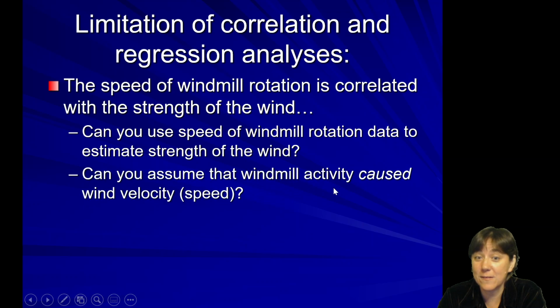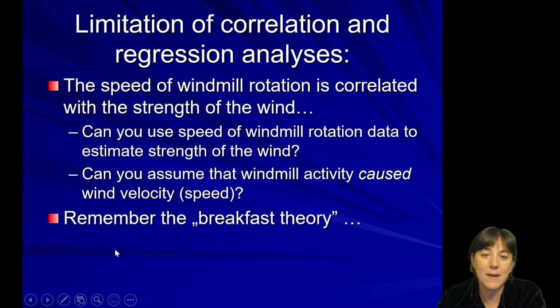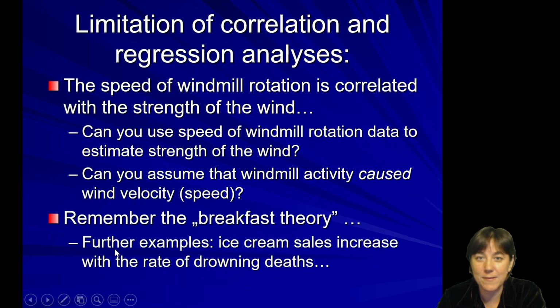Yes, you can assume, you can have a prediction here, but you cannot assume that the windmill activity is the one that actually caused this speed. Okay, so even though you can make perfect predictions, you cannot assume a causation. That's the bottom line. Okay, remember this breakfast theory. Further examples are very interesting sometimes.